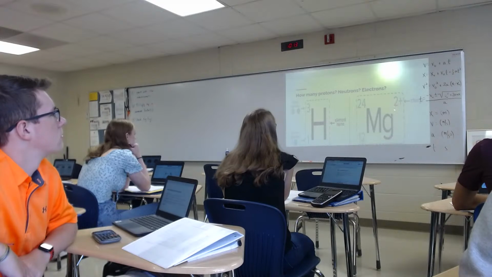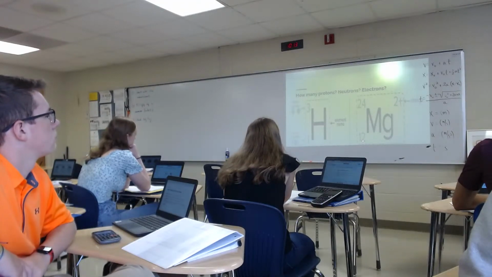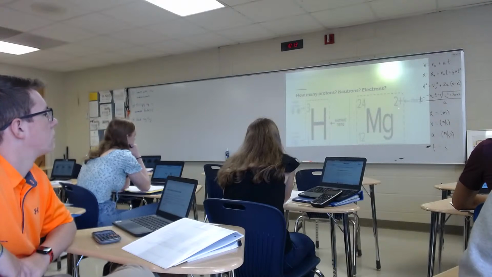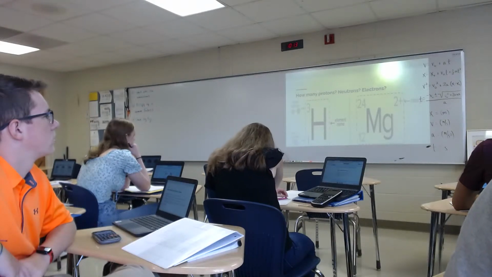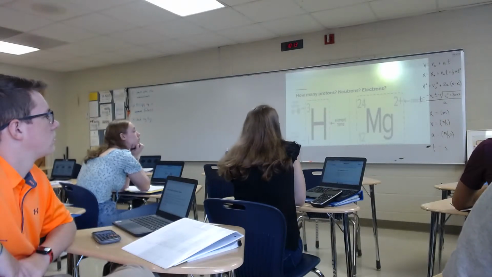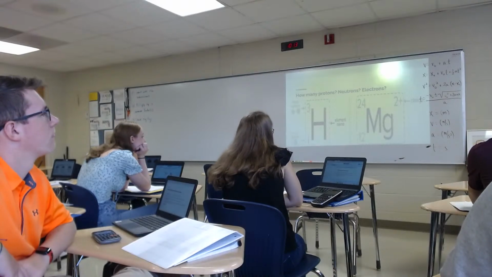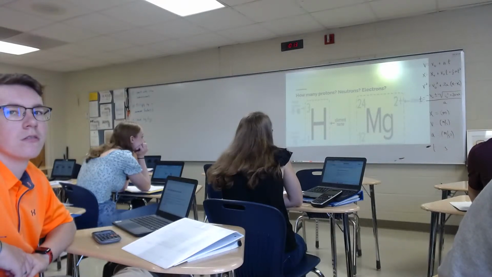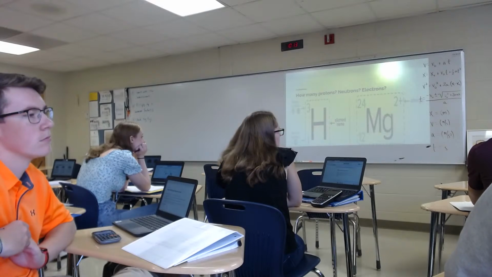Over here, we have a 2 plus, right? So 12 protons and a 2 plus charge means how many electrons would we have? It's either 10 or 14. Which one is it? You have fewer electrons than protons if you have a positive charge.